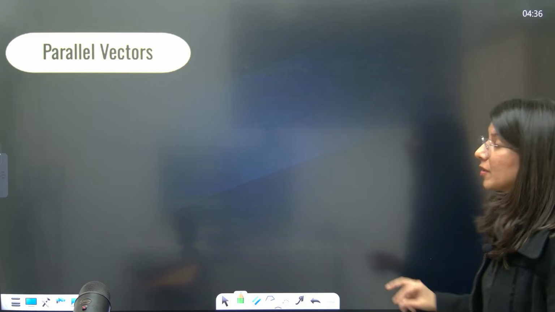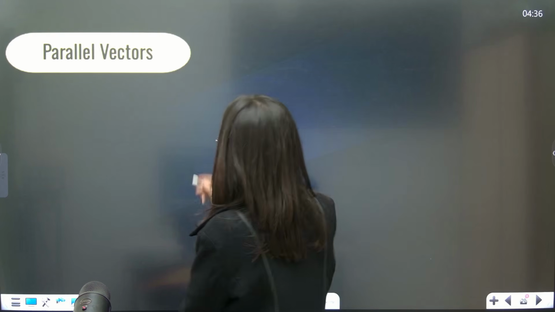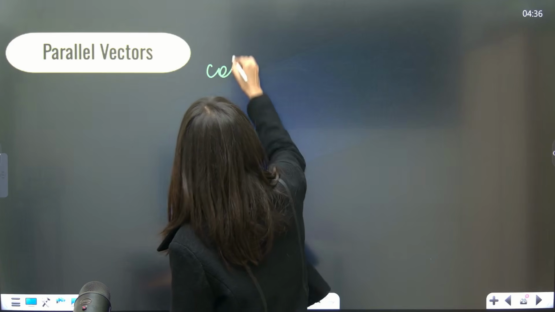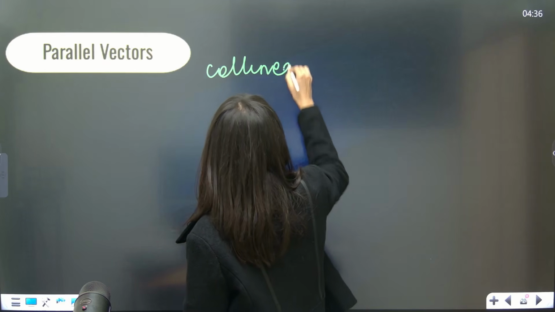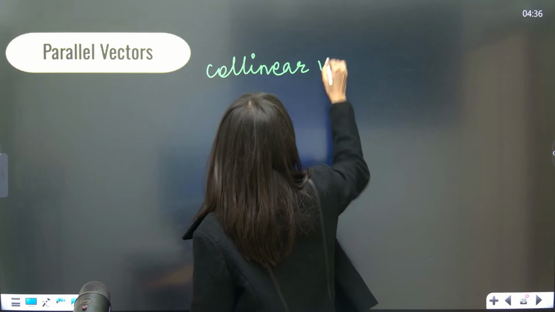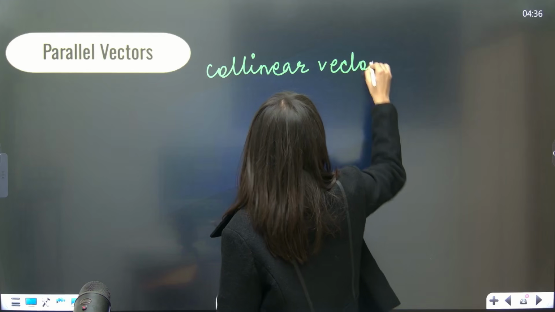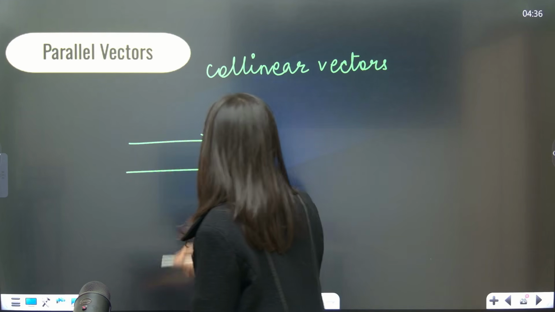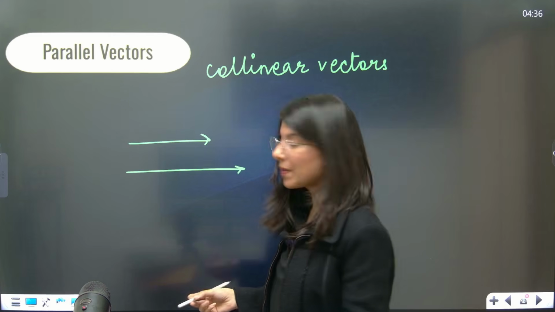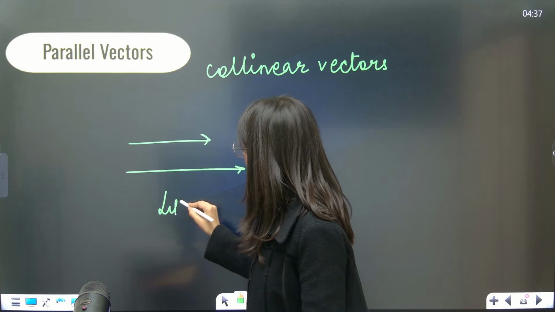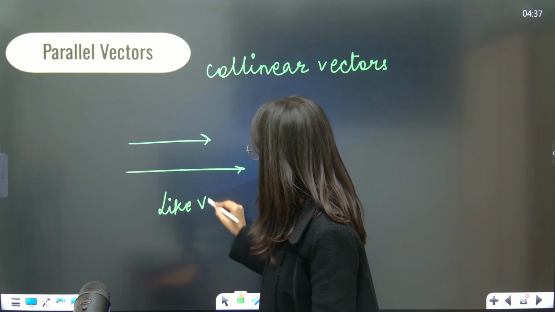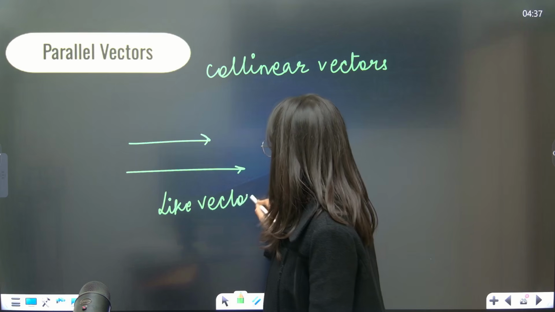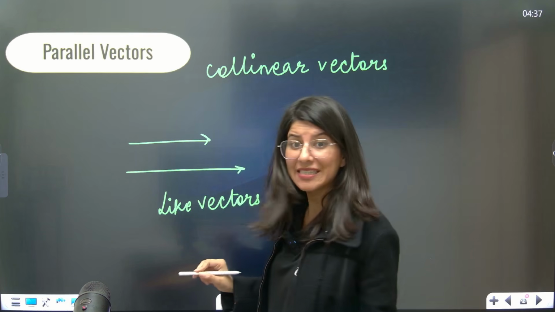Now let us talk about parallel vectors, or we can also call them collinear vectors. Both are the same thing in mathematics. In mathematics, parallel and collinear are the same. So this is collinear, or you can say parallel vectors. This is one category where we call them like vectors, where the angle between them will be 0 degrees.